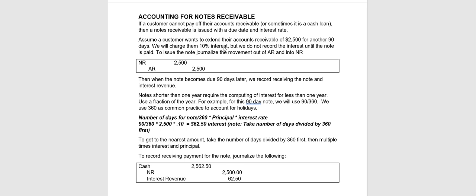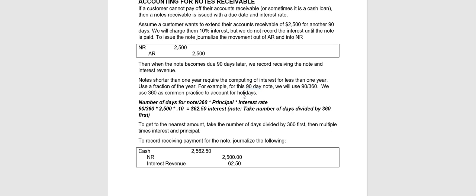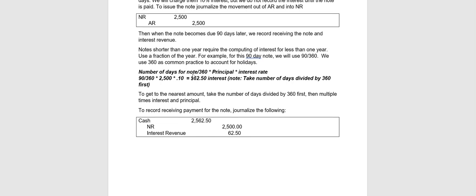Now remember, interest rates, such as 10%, are quoted for the entire year. Joe is just going to have this for 90 days. So the first thing you have to do then is calculate what will be the interest for 90 days. So the best way is on your calculator, take 90 and divide it by 360. I know there are 365 days in the year, and some books may use 365, but for our purposes, we're going to use 360.